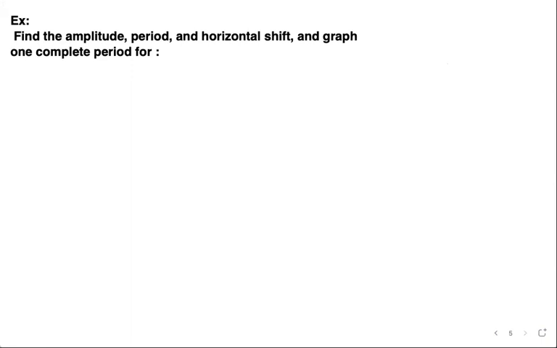So the question is: find the amplitude, period, and horizontal shift and graph one complete period for y equals 4 cosine 3x.